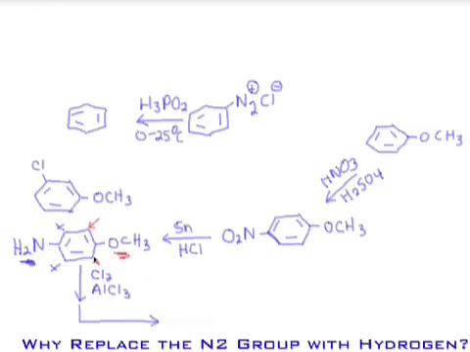So these two groups are competing. In essence, the stronger activator wins out, which in this case is aniline. Since aniline is the strongest activator, it will direct ortho. And so the chlorine will end up ortho to the NH2.